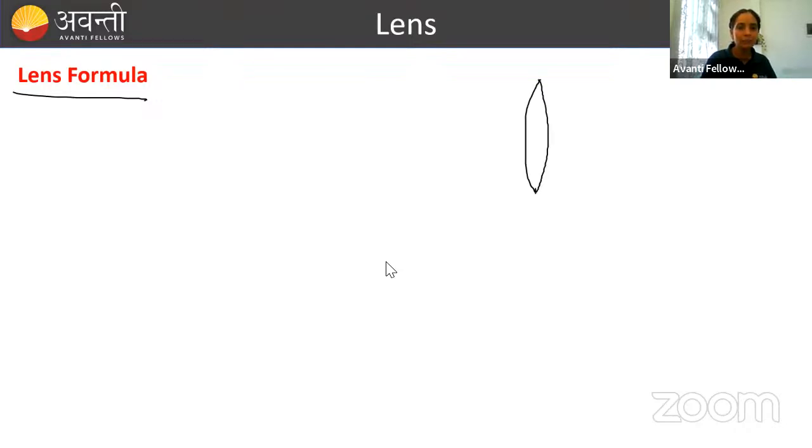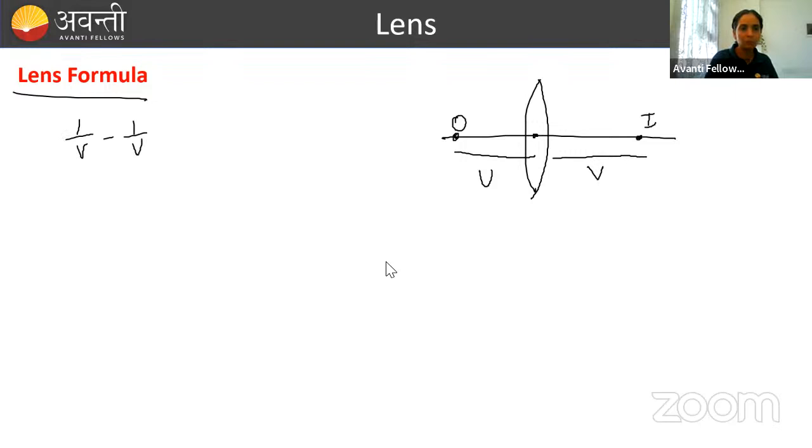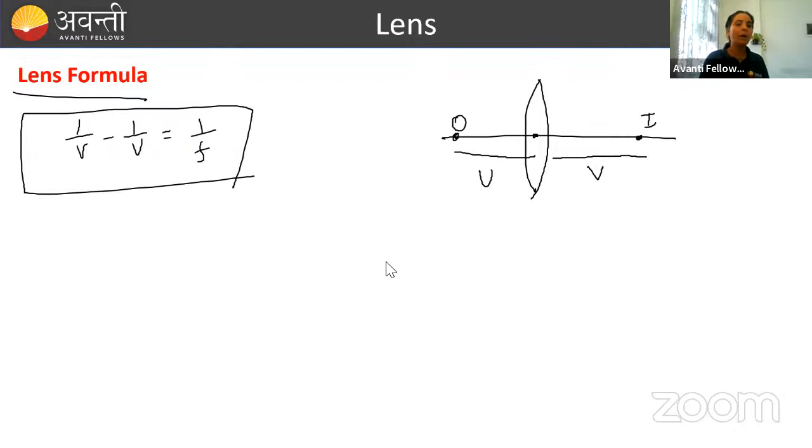Similarly, in a lens, if there is an object kept here, suppose the object distance, measured from the optical center, is U, and an image is formed somewhere here, and its image distance is V, and its focal length is F. Then the relation between U, V, and F is 1 by V minus 1 by U equal to 1 by F. We already know how to calculate the focal length from the lens maker's formula, and here we are relating V, U, and F together. So this is the equation.